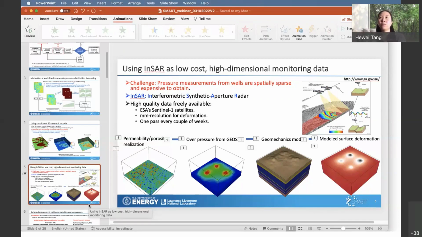So this is one aspect. And the second aspect is that InSAR data, I think, are available everywhere.